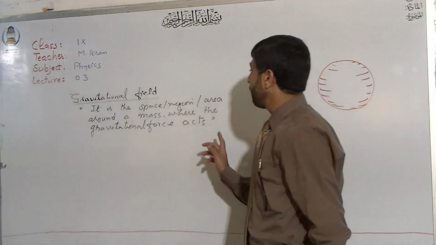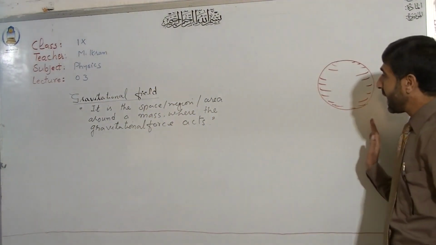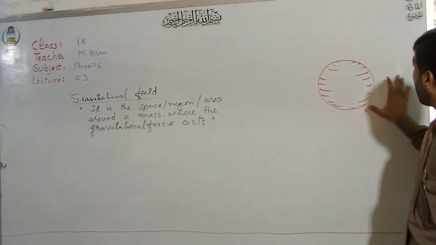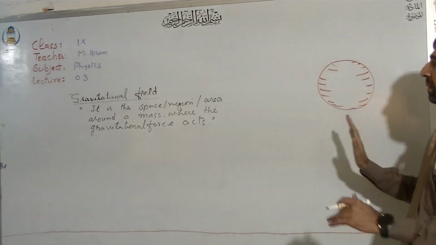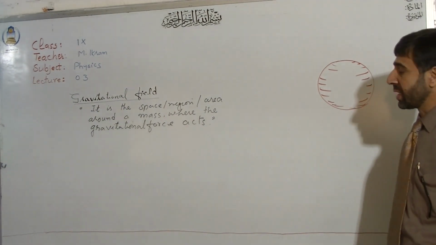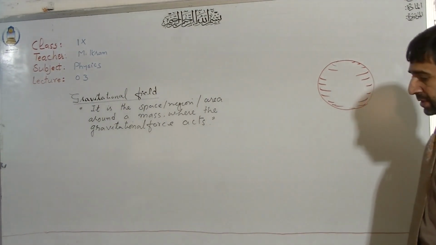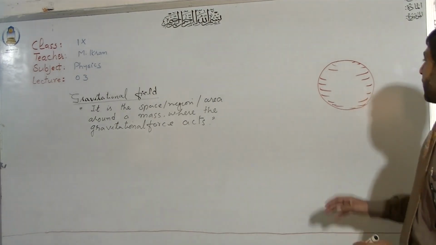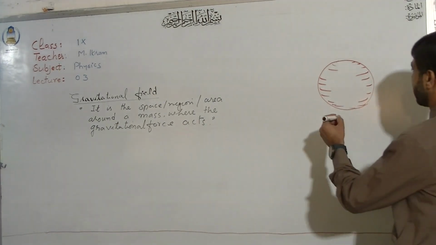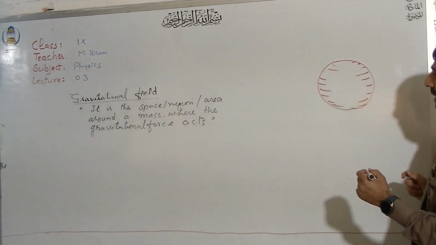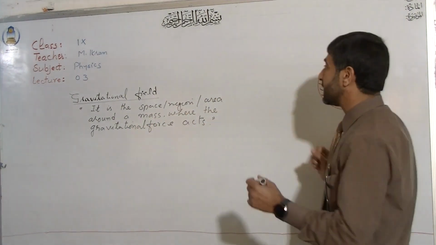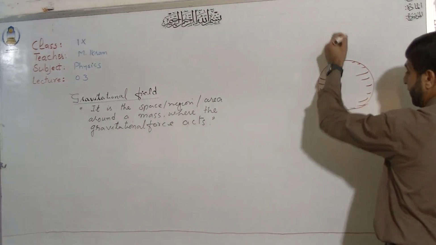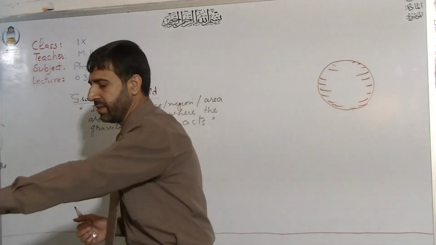So the question is, how to denote the gravitational field of an object? We can denote it by using lines, arrows like this. The gravitational field can be denoted by lines that are drawn radially inward.